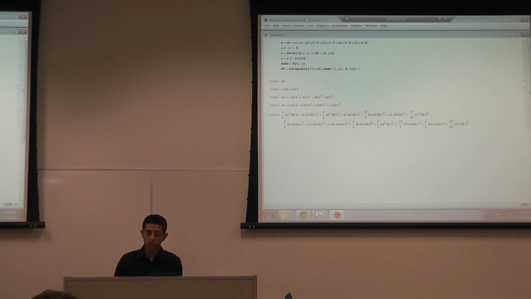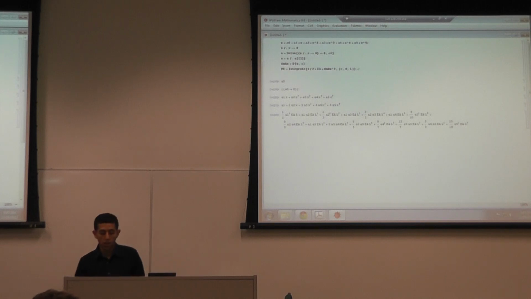This is the potential energy of the system. This is the internal work. This is the potential energy or the elastic energy of the system.